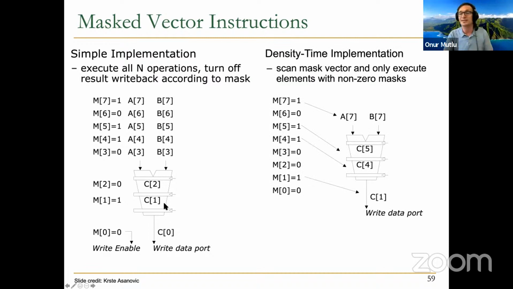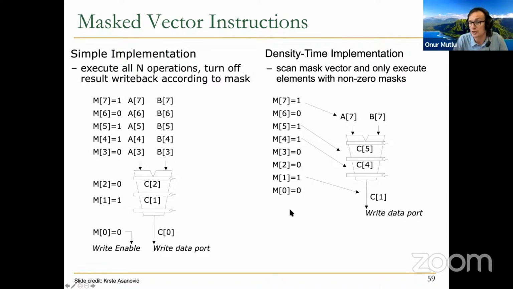Another implementation is called density time implementation. You can have a simple unit that scans the mask vector, because we already know the mask vector, and only selects the elements with non-zero masks. This way, you need to actually do random access to locations in your register file, which hopefully you should be able to do, but not in all cases, right? So basically, this is another implementation, which is actually quite a good implementation.